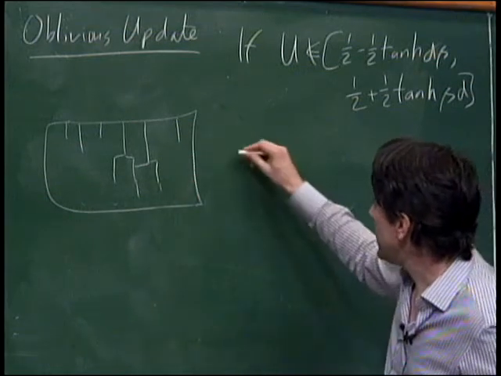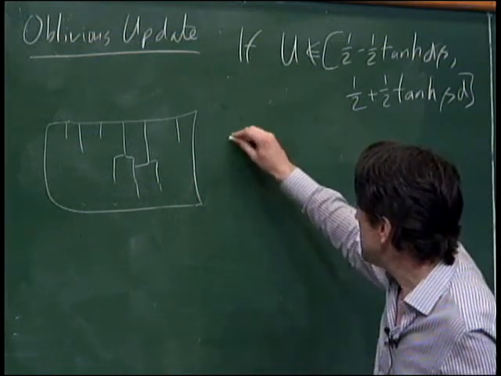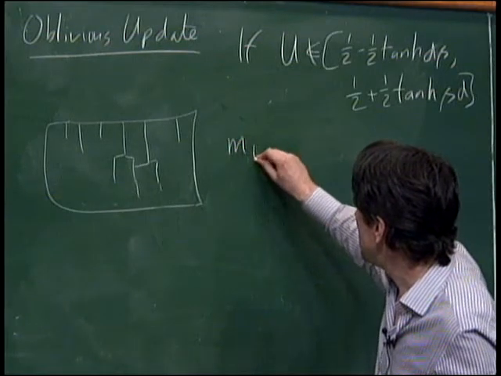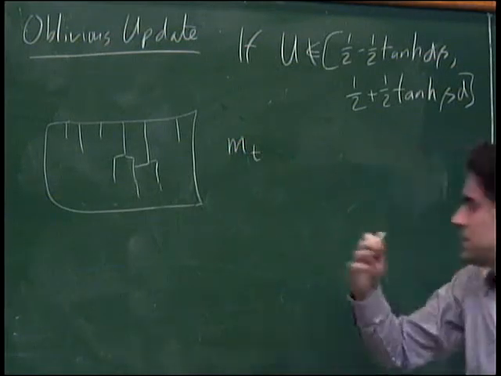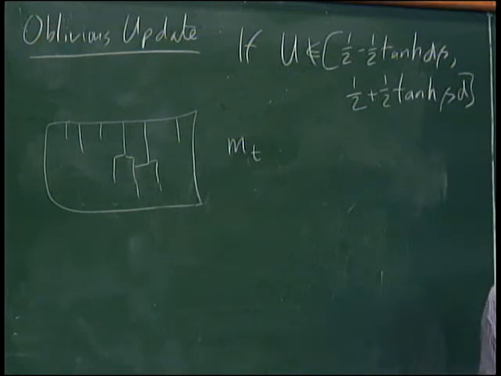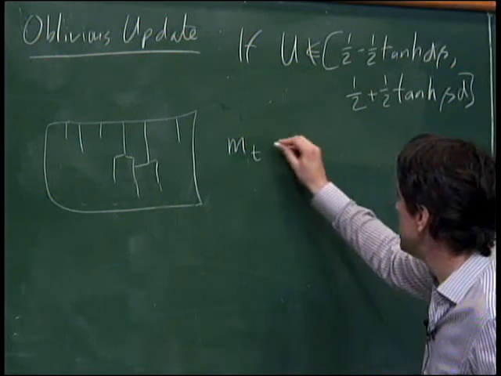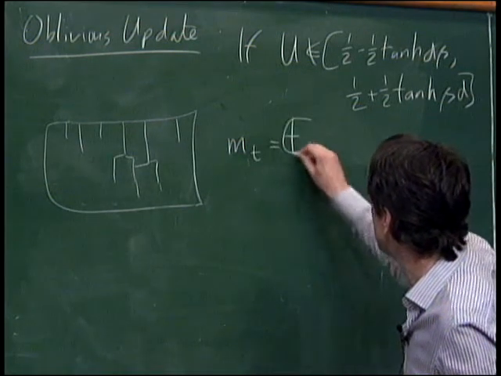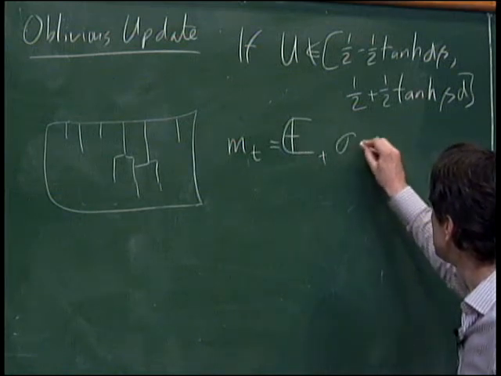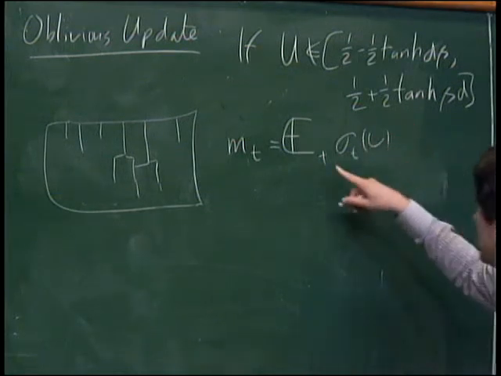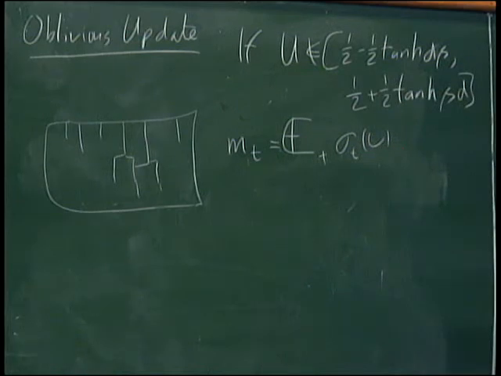And the time at which that happens is going to be, let's assume that this is a transitive graph just to make things easier. And I'll say the magnetization is the expected spin of a vertex starting from the all plus condition.